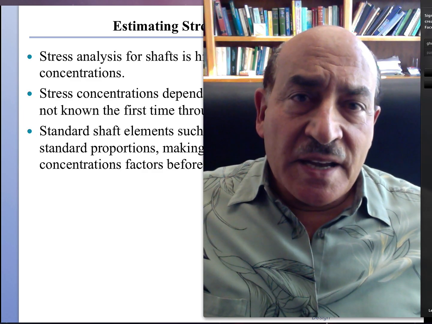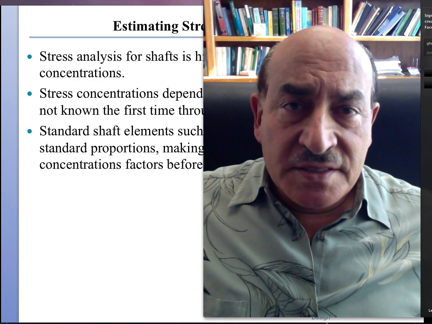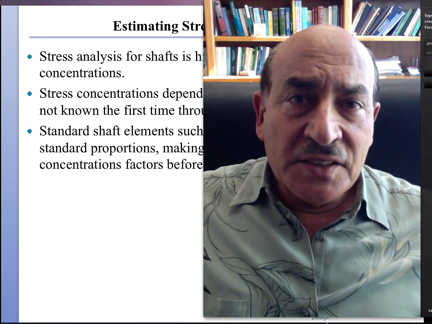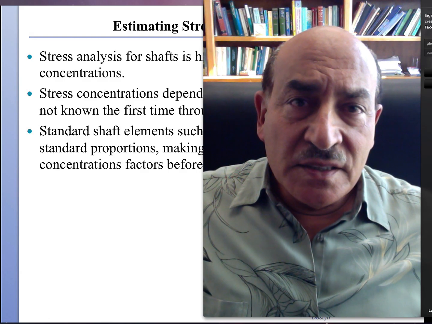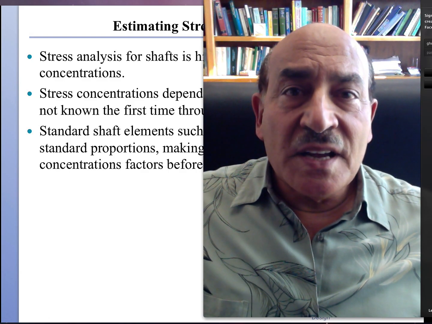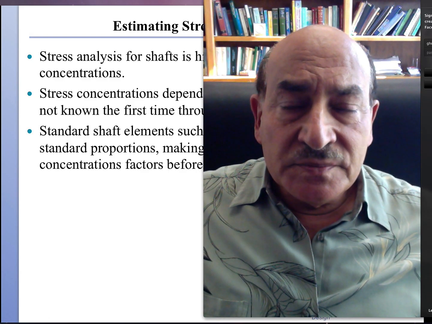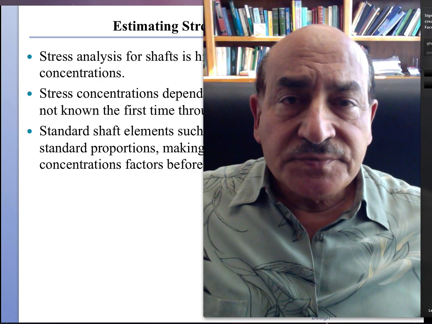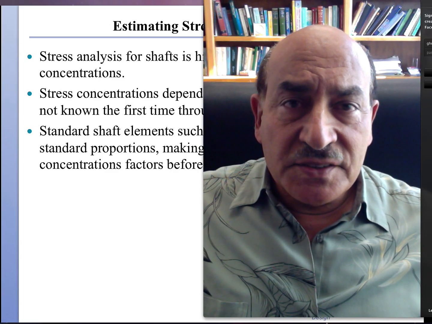So the first step is to be cognizant of how to find the stress concentration factors. Generally these factors depend on the shaft design, which is not known a priori, because we don't know what the shaft size is before we do the calculations.